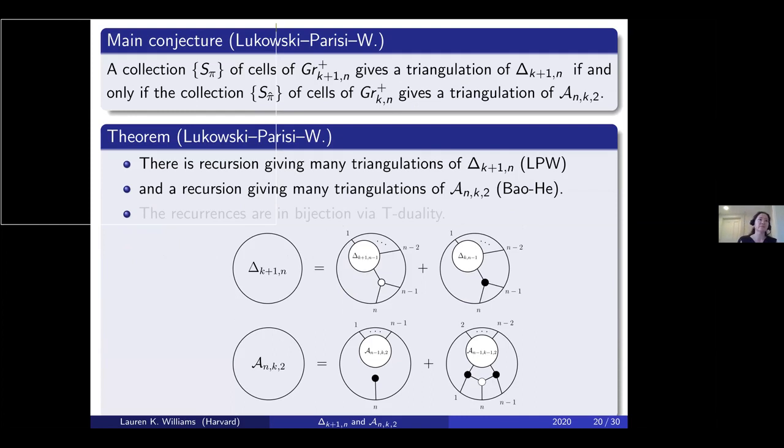And this was proved to give triangulations by Bao and He. And what we show is that the recurrences are exactly in bijection via T-duality. Anyway, so T-duality maps many triangulations of the amplituhedron to many triangulations of the hypersimplex. But I do want to point out that not all triangulations are obtained via these recurrences.